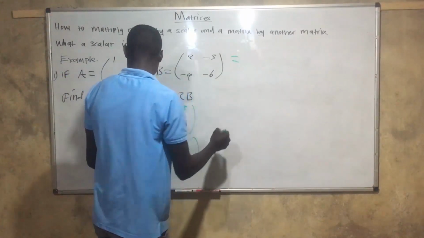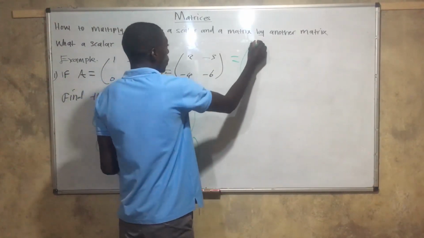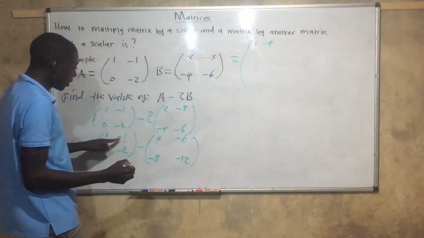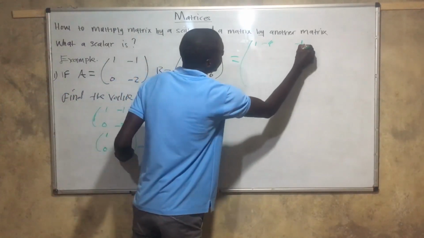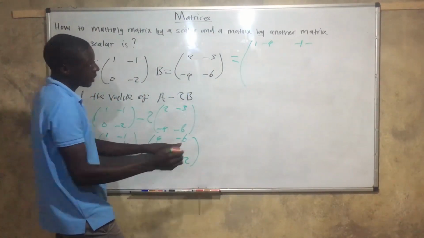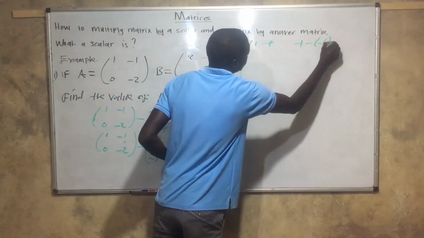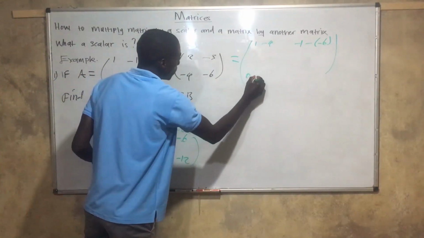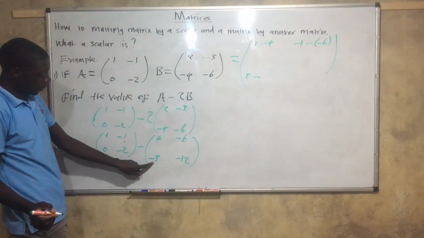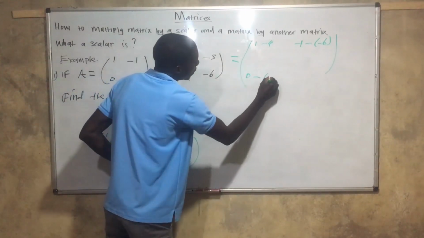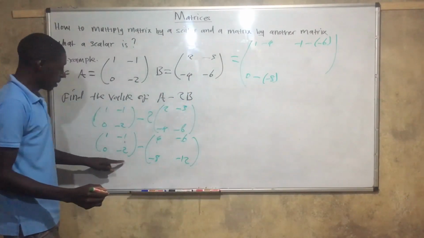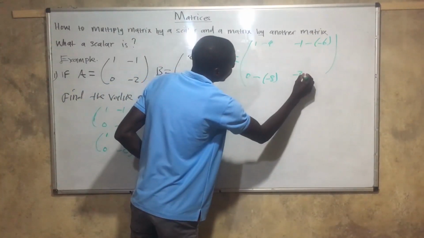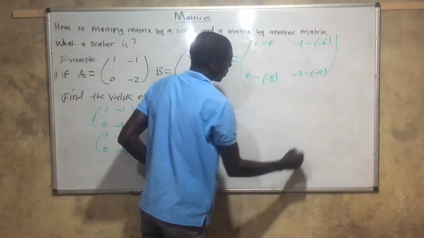So the result will be 1 minus 4, then negative 1 minus negative 6, then 0 minus negative 8, then negative 2 minus negative 12.